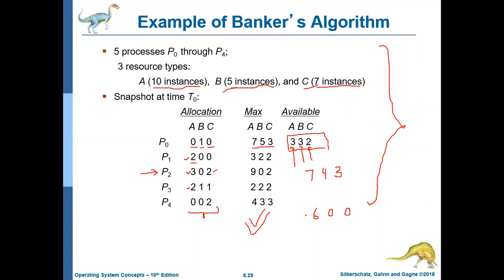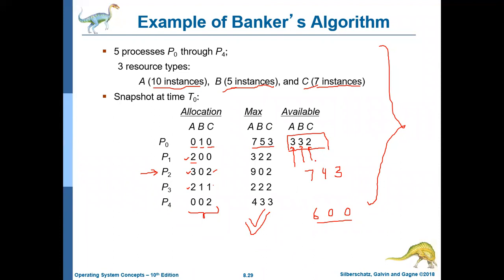So process P2 will be having the need 6 0 0. It's 6 0 0 because you have to subtract individually, separately, because it's a matrix, not single values. It is not 753 minus 322 minus 902. It is having 7A, 5B, 3C. So in this way, you are calculating your need.